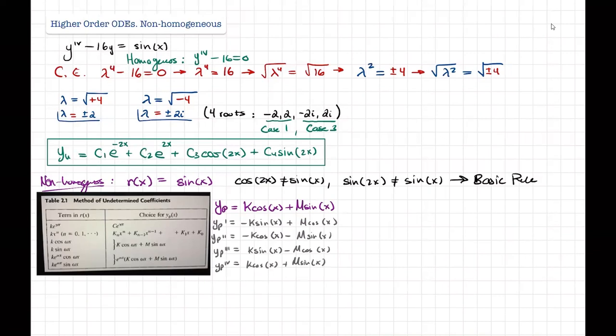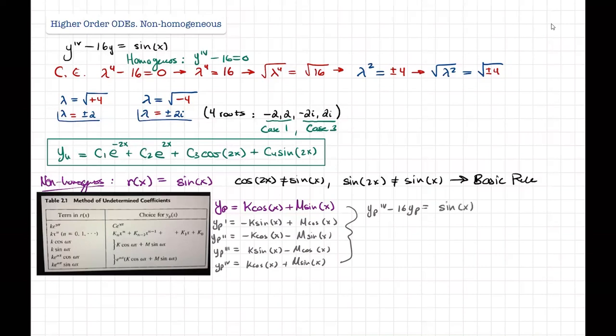So we plug this into our original equation. YP to the fourth minus 16 YP equals sine of x.